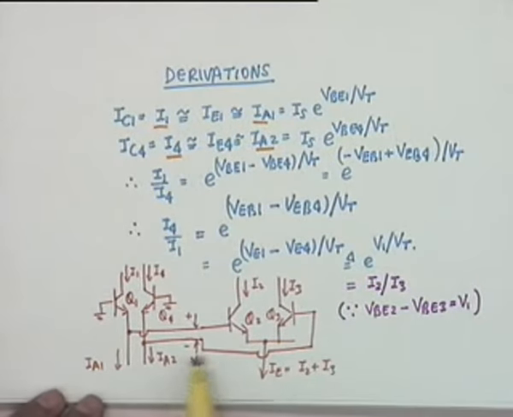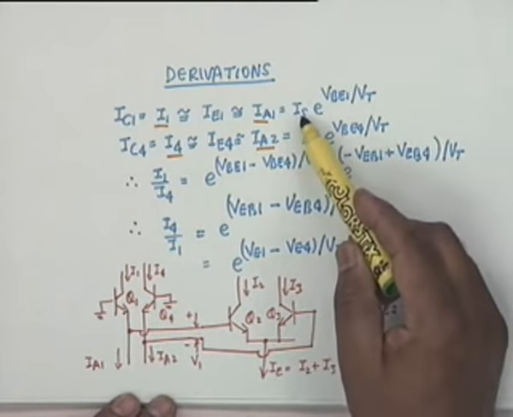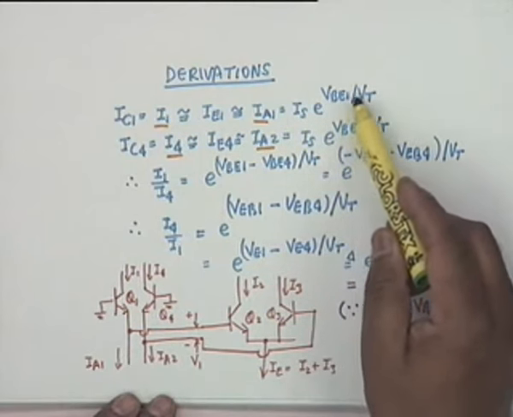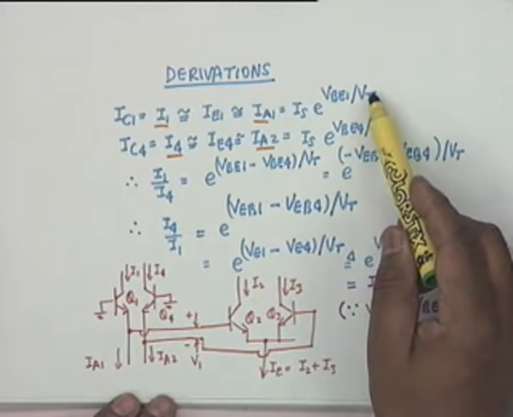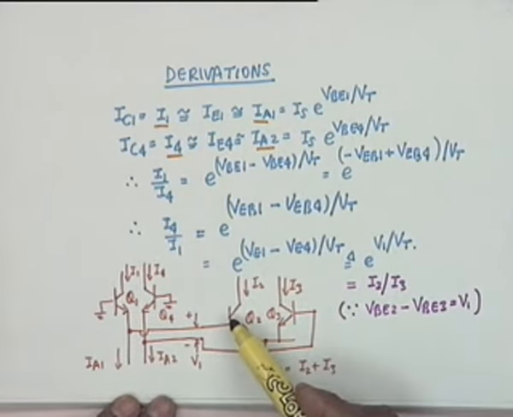In the analysis, to review quickly, the current I1, can you see this part? Yes, sir. The current I1 is the collector current of Q1, and therefore this is related to Is e to the VBE1 by Vt, and this is the same as IA1 ignoring the base current of Q2. Beta is high has been assumed.